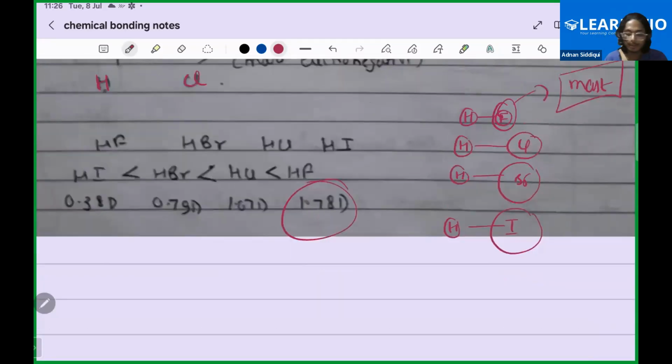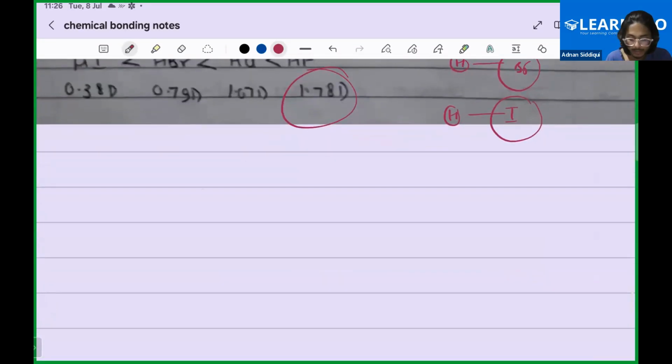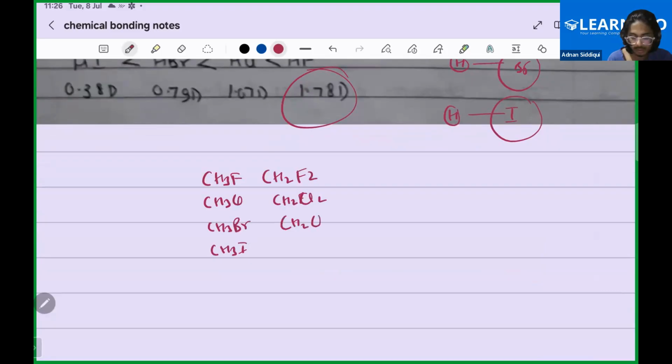If the distance changes, you will see some exceptions as well. In most cases, suppose CH3F, CH3Cl, CH3Br, CH3I, and suppose CH2F2, CH2Cl2, CH2Br2, CH2I2, and so on, like CHF3, CHCl3, CHBr3, and so on.